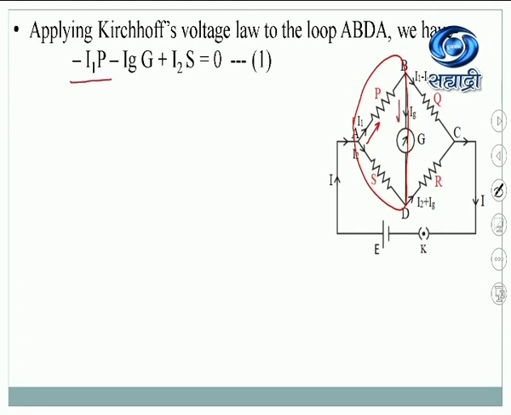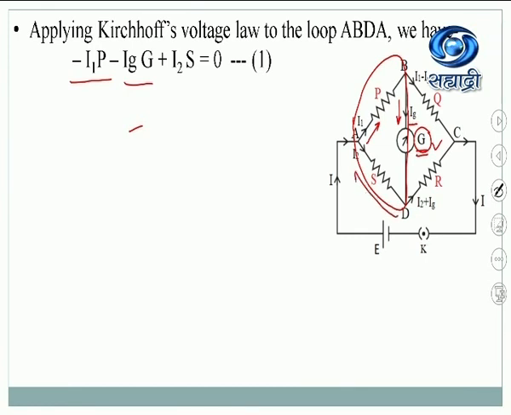Again, in the direction of galvanometer current, this is minus Ig into G. Remember, G is not only the symbol used for the galvanometer, it is the resistance of the galvanometer. So when this current Ig passes through the galvanometer, it passes through the resistance G, and therefore it is minus Ig into G.